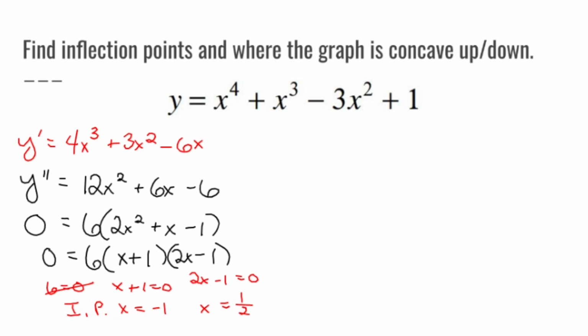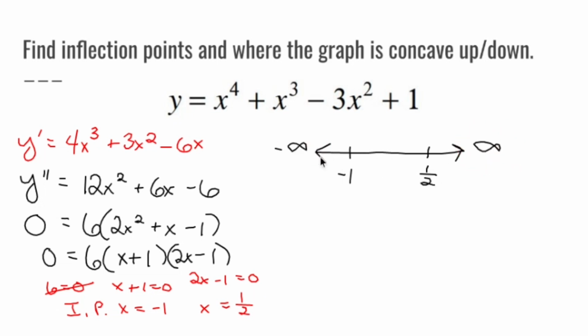I'm going to take that information and make myself a sign chart. I'm going to use the fact that I have -1 and a half, and I'm going to find the intervals. So what's going on between -infinity and -1? What's going on between -1 and a half? What's going on between a half and infinity?